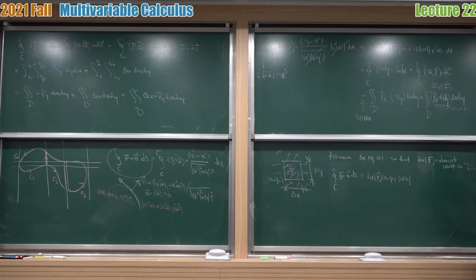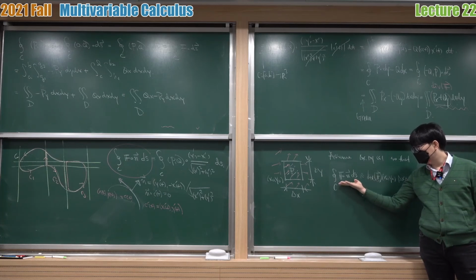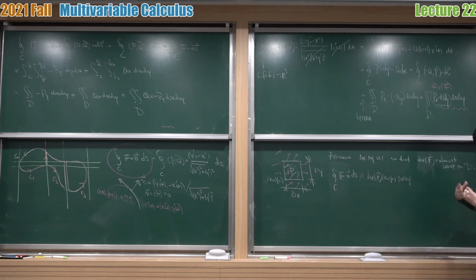That number means how much of the flux is going out, how much of the flux changes across the small closed curve surrounding that point. So for example, you have a point x0, y0, and take your small enclosed curve around this x0, y0.